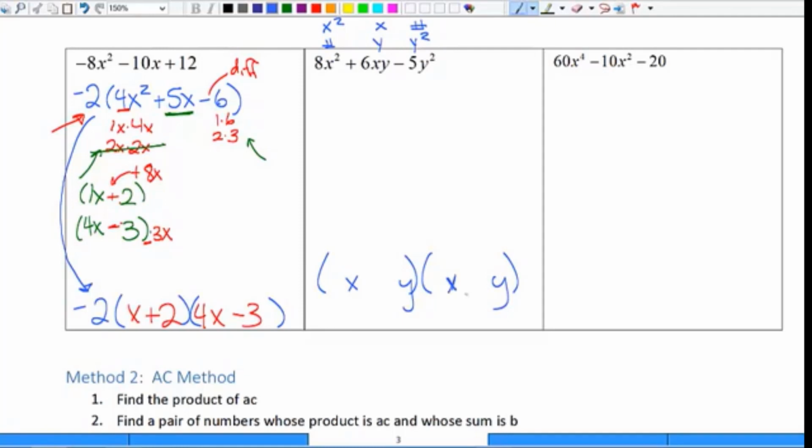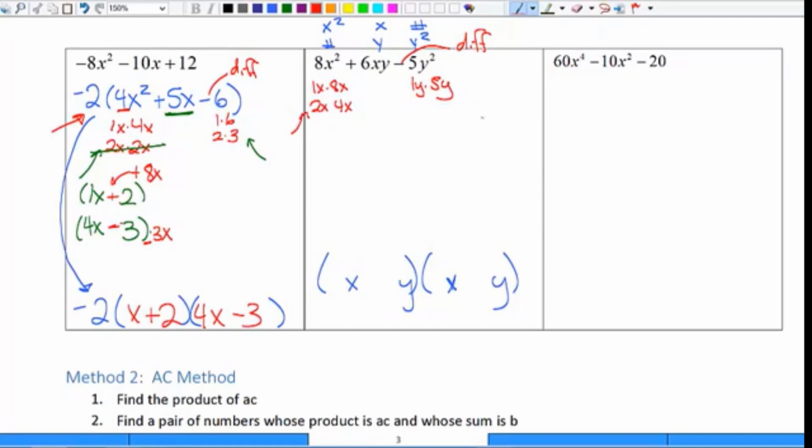And I'm still just dealing with the numbers. So my factors of 8 are 1x and 8x, or 2x and 4x. My factors of negative 5 are 1y times 5y, and one of those has to be positive or negative. The signs have to be different.